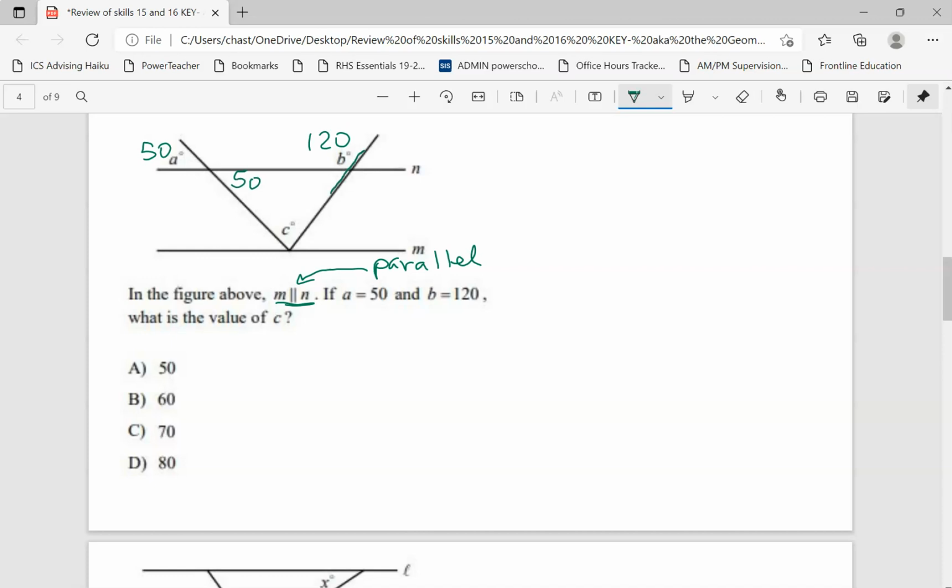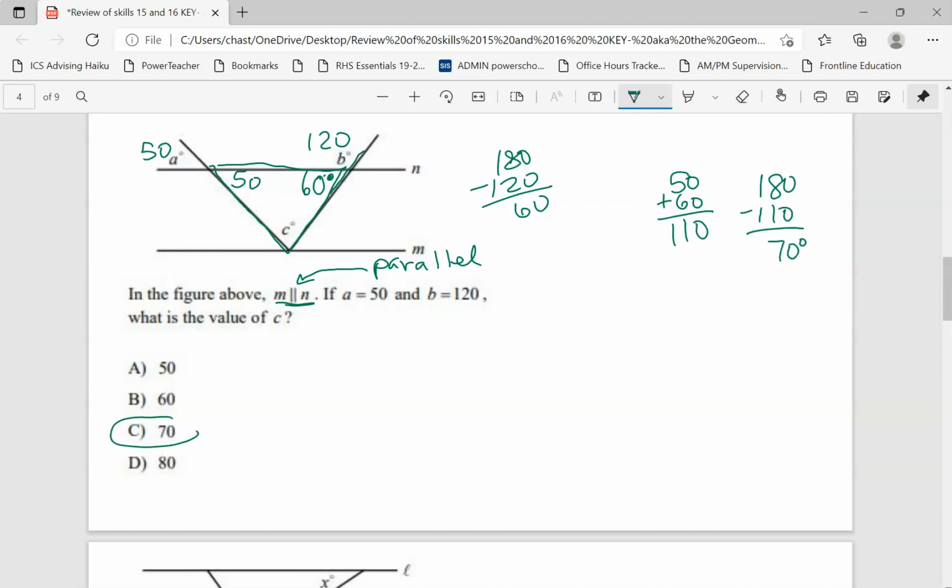If B is 120, then the angle inside here is going to be 180 minus 120, which is 60. And to get C, we have to know that this is a triangle. Triangles add up to 180, so 50 plus 60 makes 110. 180 minus 110 gives us 70 degrees. Okay, so we had to know that a triangle has 180 degrees.